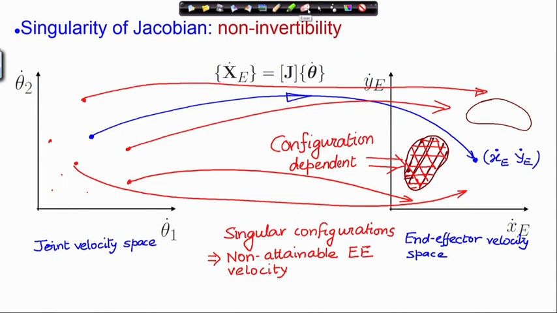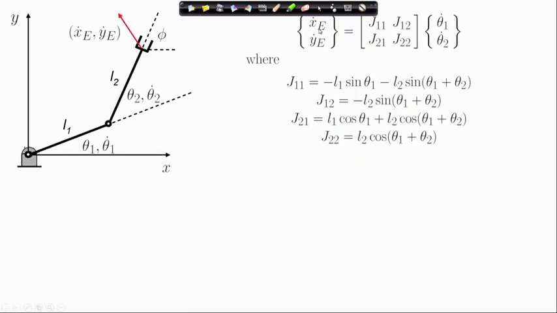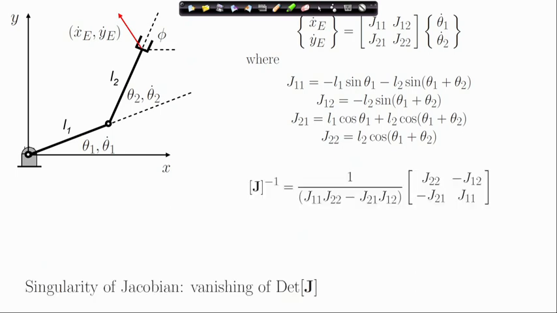So, for non-singular configurations, you can produce arbitrary velocity of the end effector, but at singular configurations we cannot produce certain velocities of the end effector. So, let us look at these configurations. If you take the determinant of the Jacobian, so this is the inverse. Now, as I have mentioned, singularity of the Jacobian is the vanishing of the determinant.